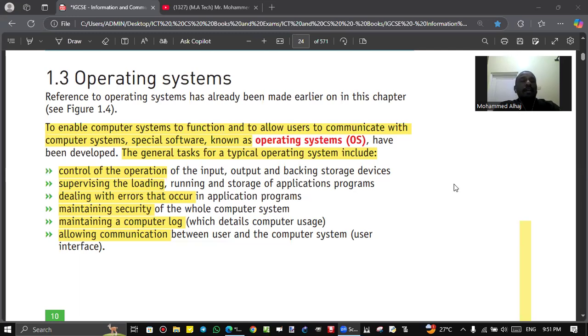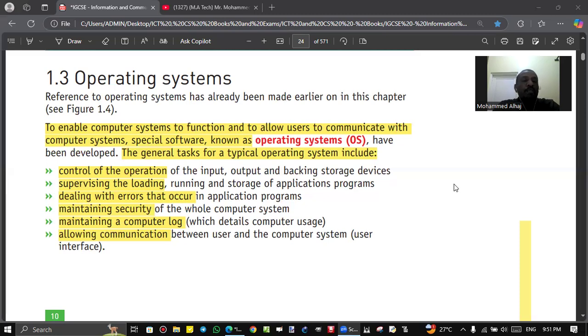Inshallah, in this video, we're going to continue with our topics related to IGCSE ICT, which we already started in a few previous videos. In this video, we're going to start with the topic 1.3, operating system.